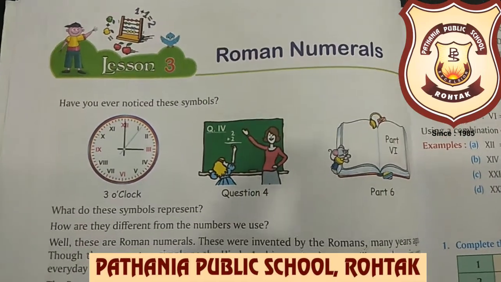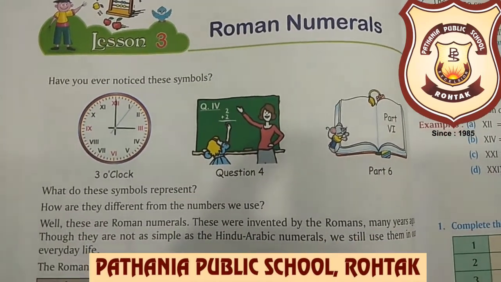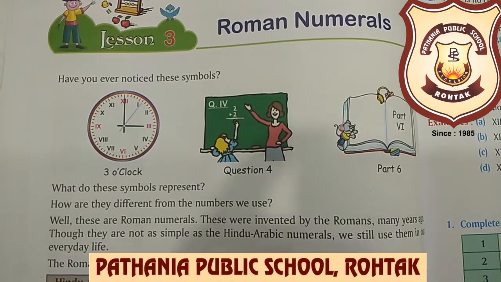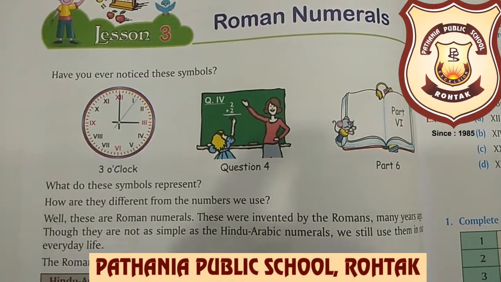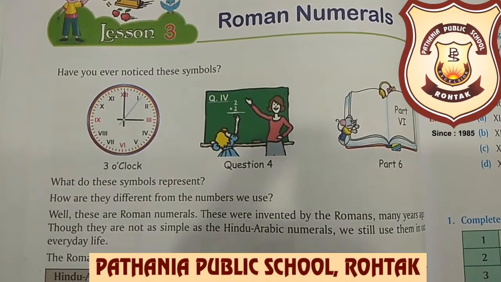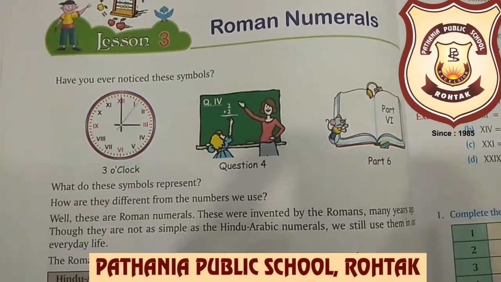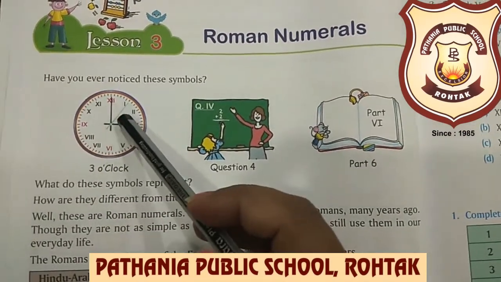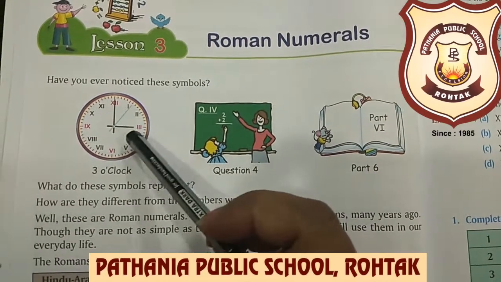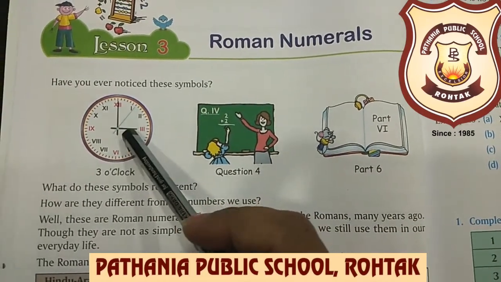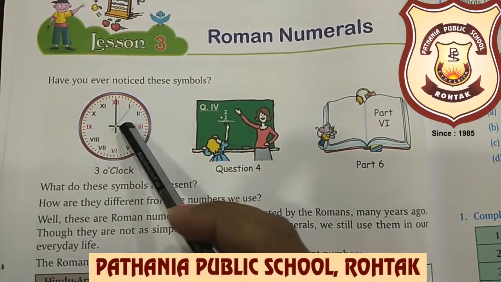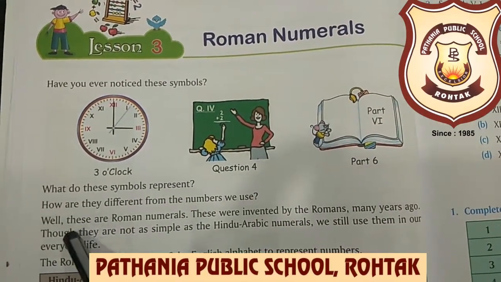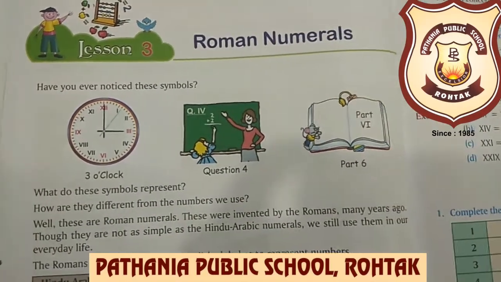What do these symbols represent and how are they different from the numbers we use? See, we know that a clock has numbers 1 to 12, but here the writing pattern of the number is different. Yes, and this different pattern is known as Roman numerals.